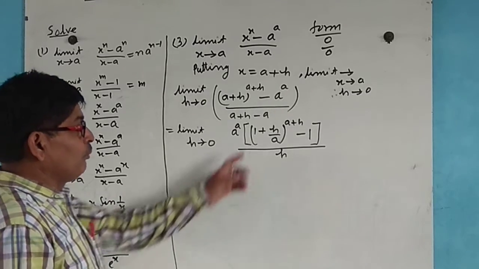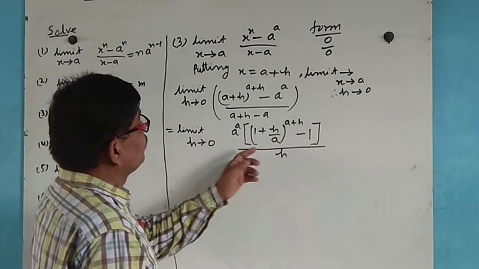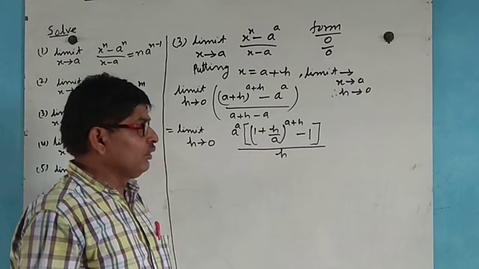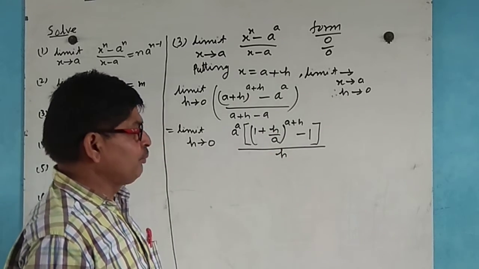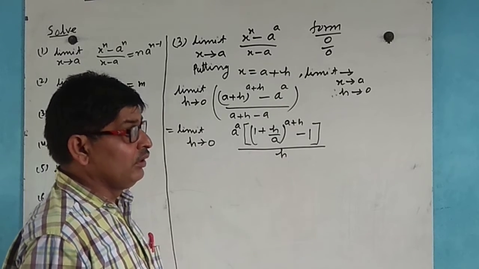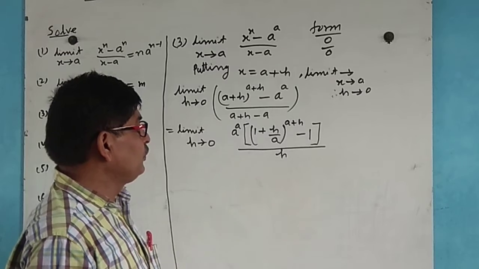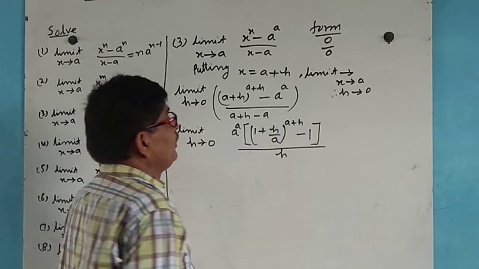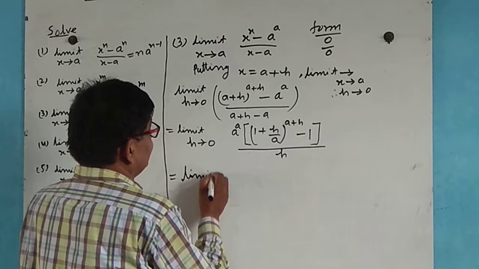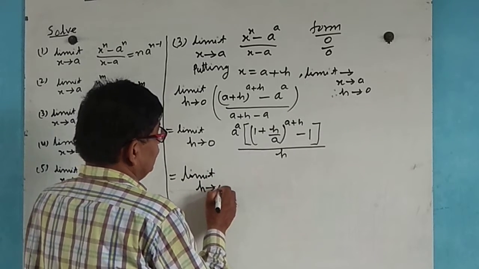Now 1 plus h by a, h tends to 0, so that this quantity is small, so that expansion of this high degree will be so small that it can be neglected, and this can be written as limit h tends to 0.